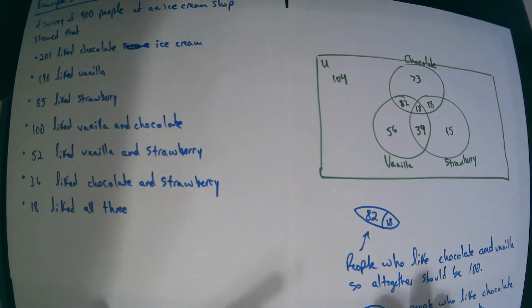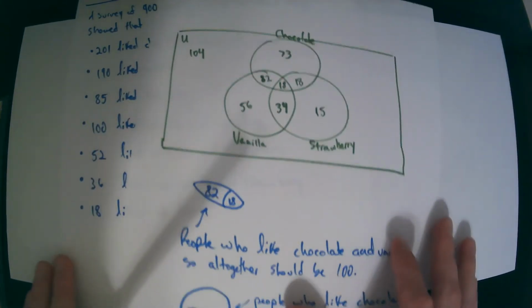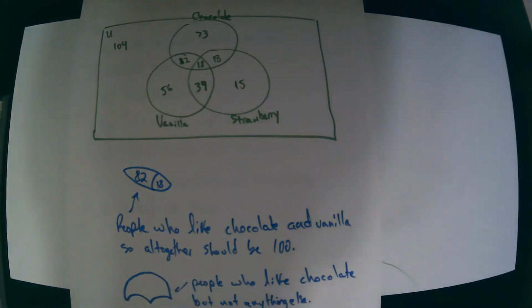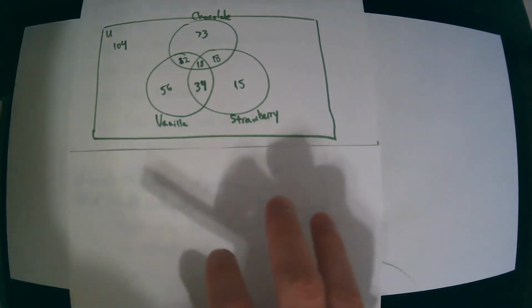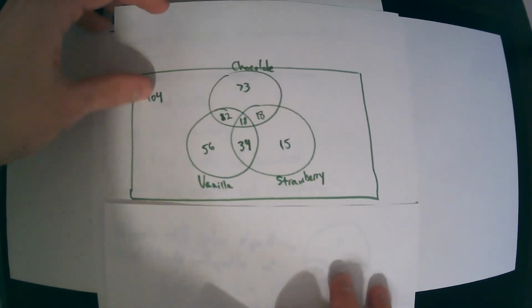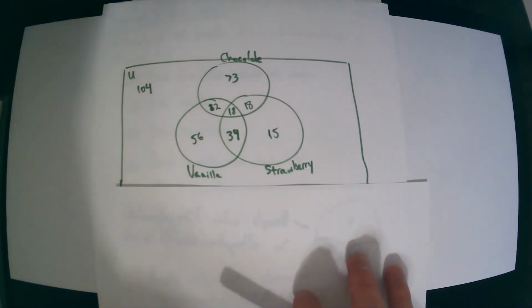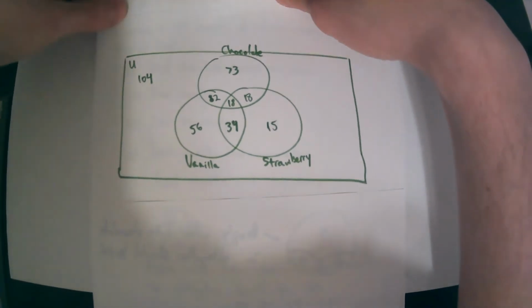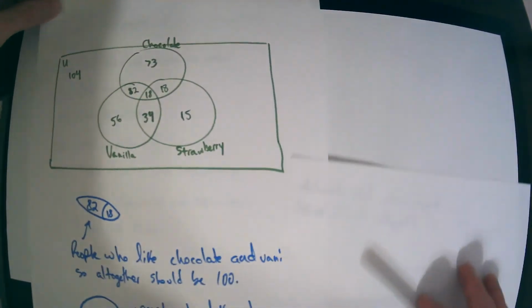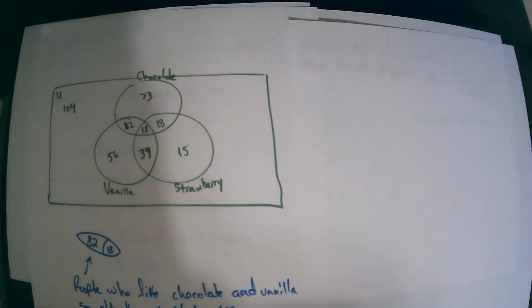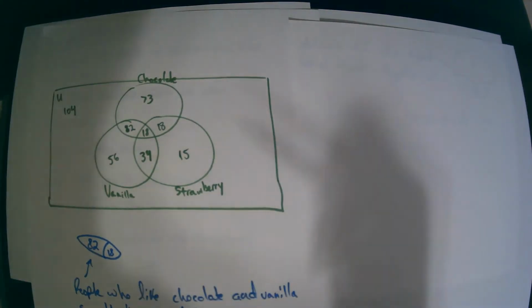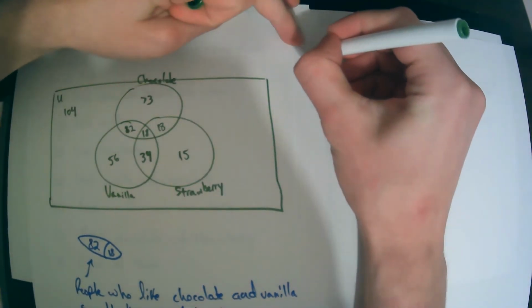Let me ask some questions about the Venn diagram now that we have it. Now that we have the Venn diagram in front of us, let me go up a little bit more. Or better yet, I'll put it over here. Alright. How about this?